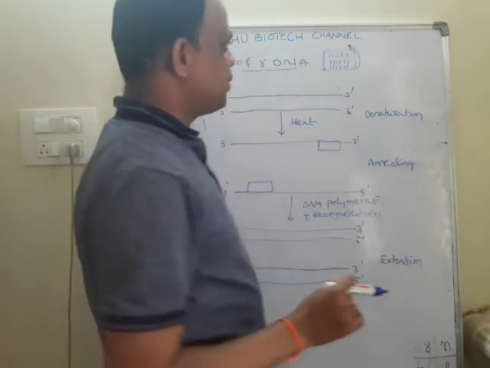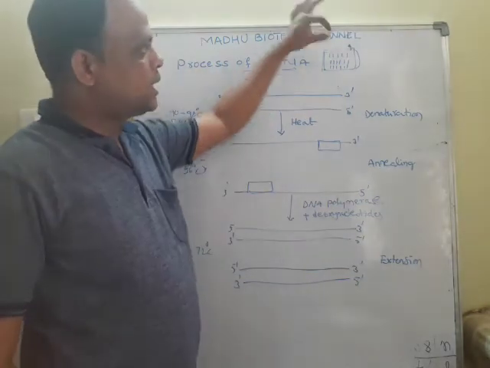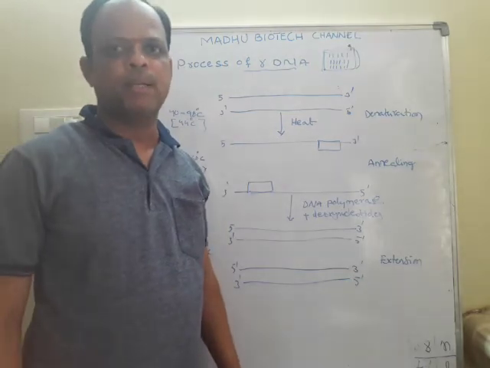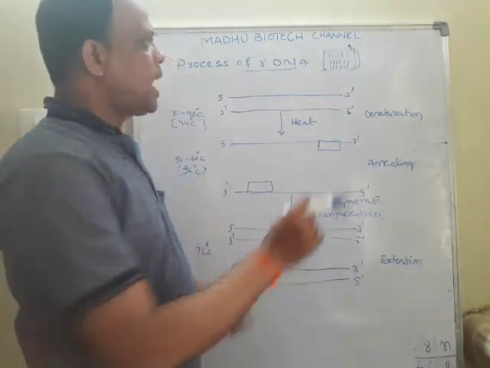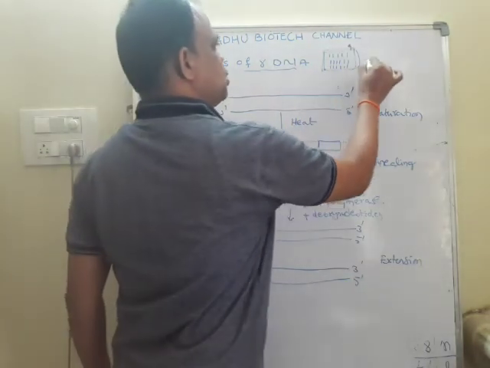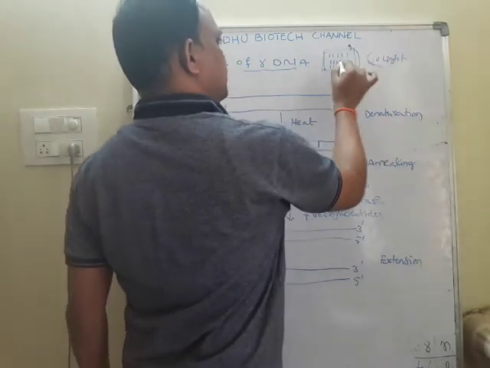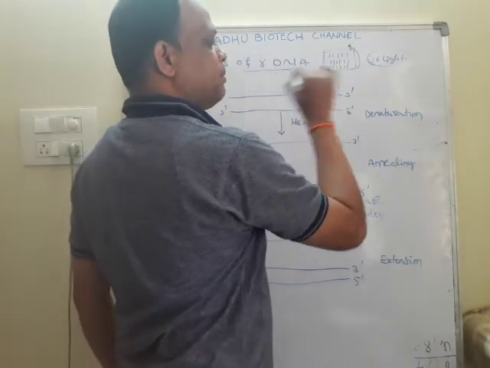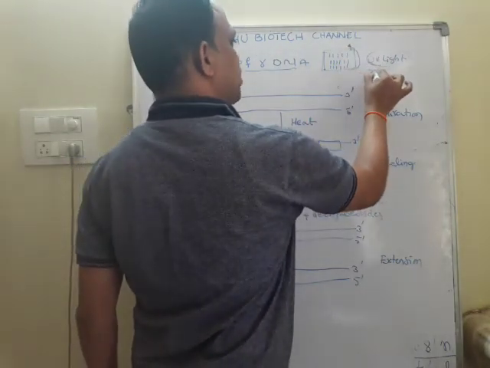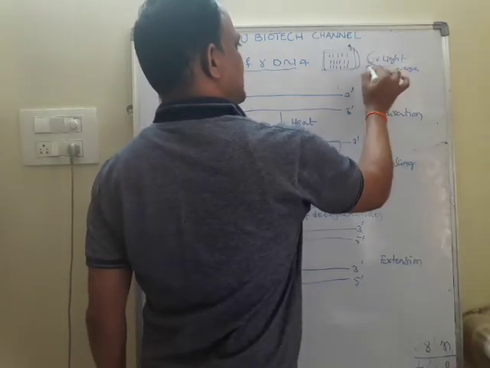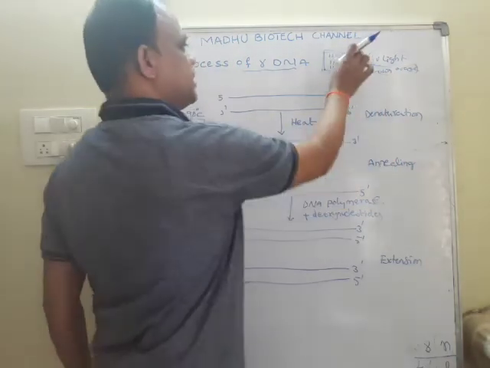So at that time we add ethidium bromide and expose it to UV light. Then these DNA nucleotide bases appear in a brown orange color.